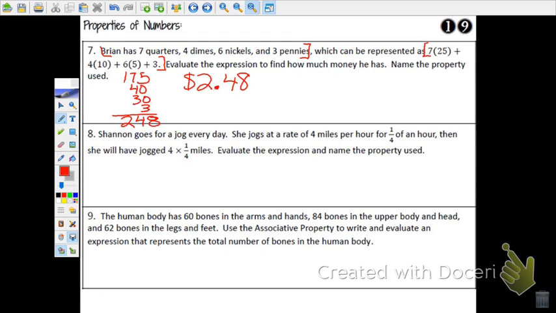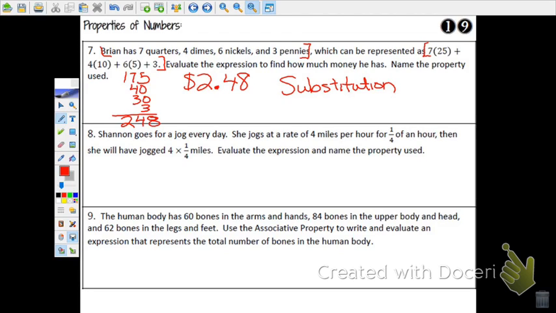What did we do? Substitution property. It's the substitution property, because we are substituting a numerical value for these words. Same thing as we do when we take a numerical value and put it in place of a variable. Okay? That's the substitution property.